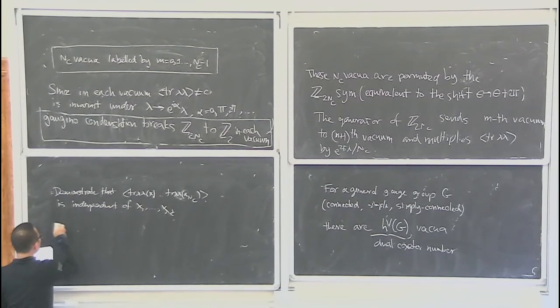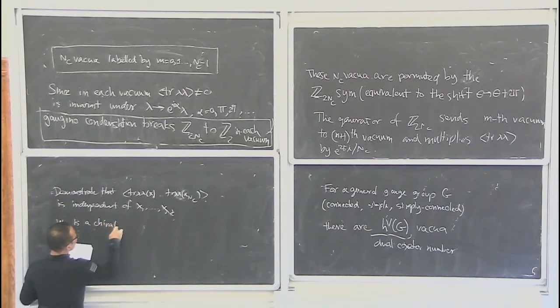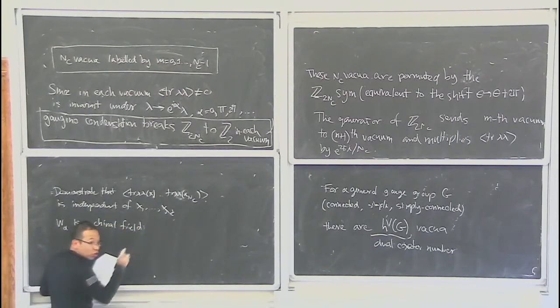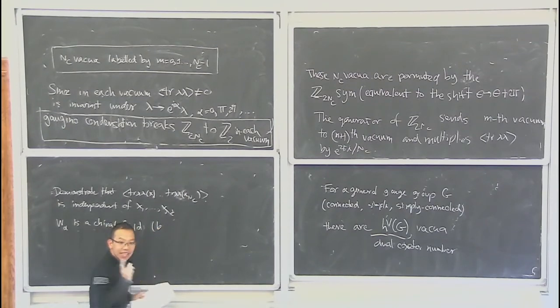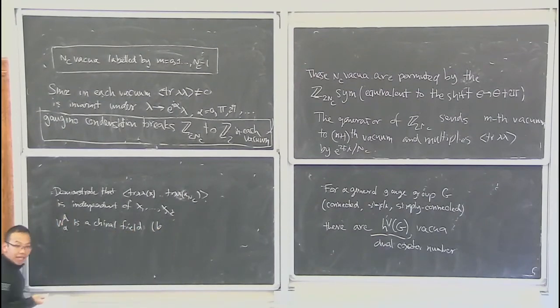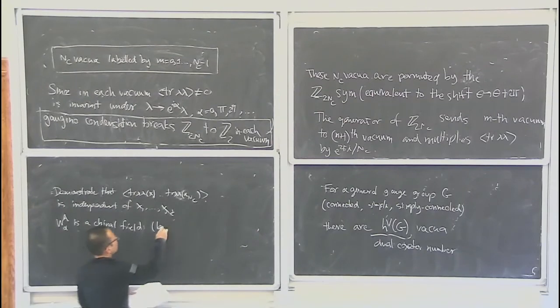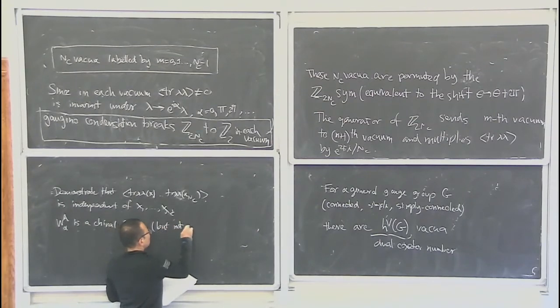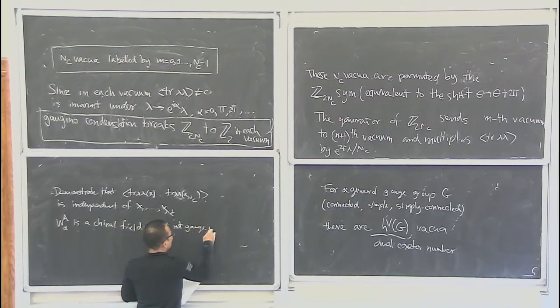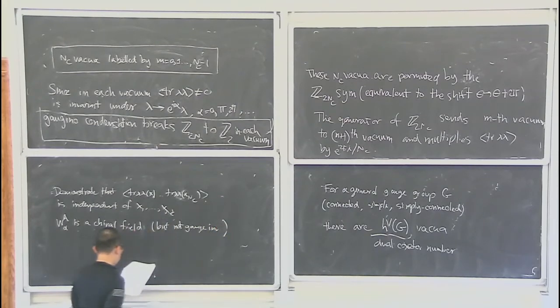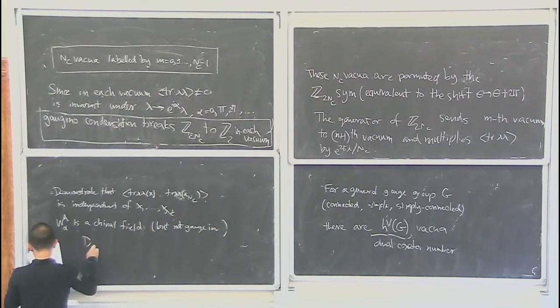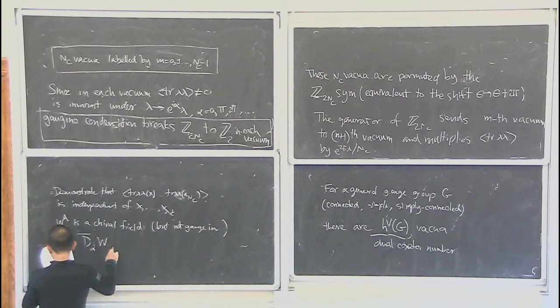Okay, so do you agree that W is a chiral field? But not gauge invariant because it carries the gauge index A. Okay? So what you have is that D bar W alpha, well, you can use beta equal to 0.